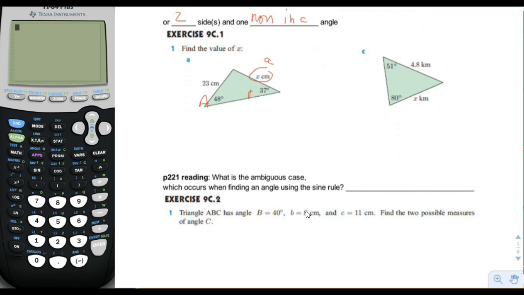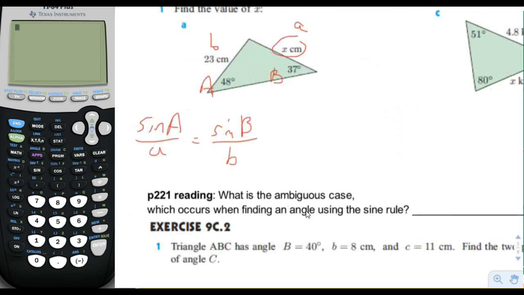This is angle B and this is small b. Remember the same letter is always across from the same letter. Okay, so let's say the sine of capital A over small a is equal to the sine of capital B over small b.